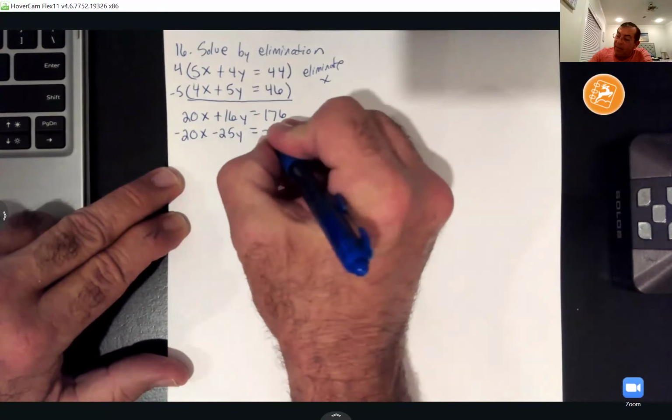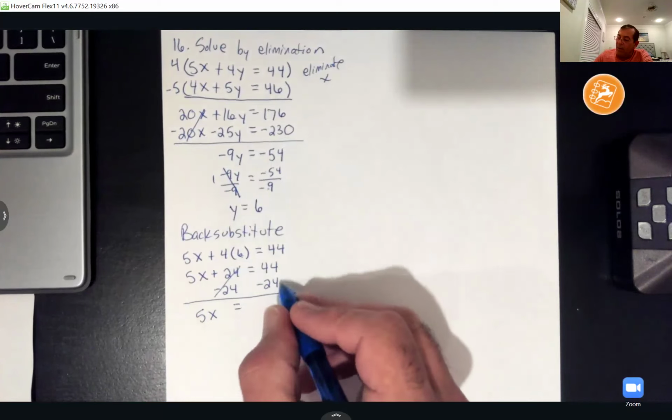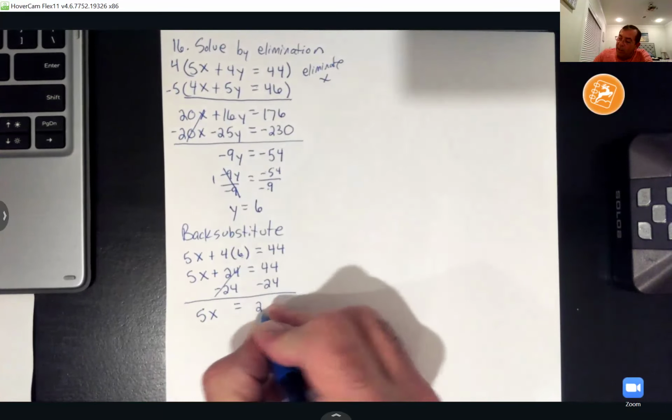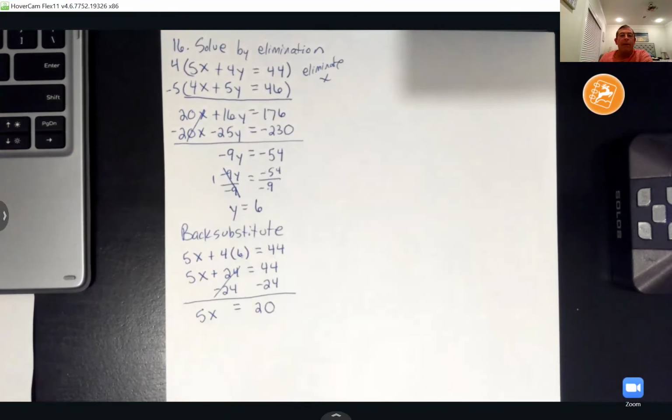Those cancel. That's giving me what, a positive 20. All right, y'all, final step, divide by the 5. So that cancels, giving me a 1x. 20 divided by 5 is 4.